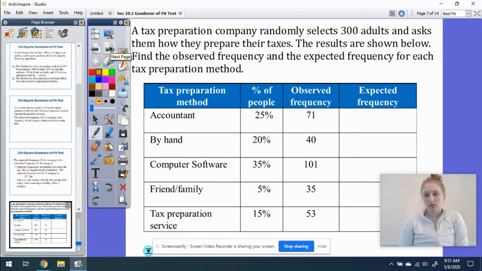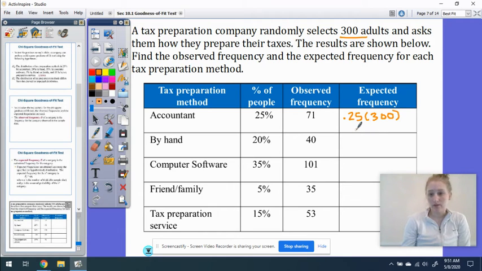What we're going to do now is actually find our expected frequency. We've got 300 adults. So we're going to take our percent and multiply that by 300. For the first one, 0.25 times 300, and I'm going to get 75.